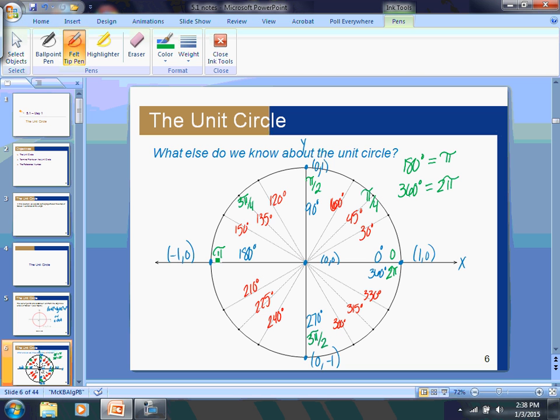And you add a fourth, and that's 4 pi over 4, or 1 pi. And then if you add a fourth, that's going to be 5 pi over 4. If you add another, that's going to be 6 pi over 4, which reduces to 3 pi over 2. If you add another fourth, that's going to be 7 pi over 4. If you add another fourth, that's going to be 8 pi over 4, which reduces to 2 pi. 8 over 4 is 2.